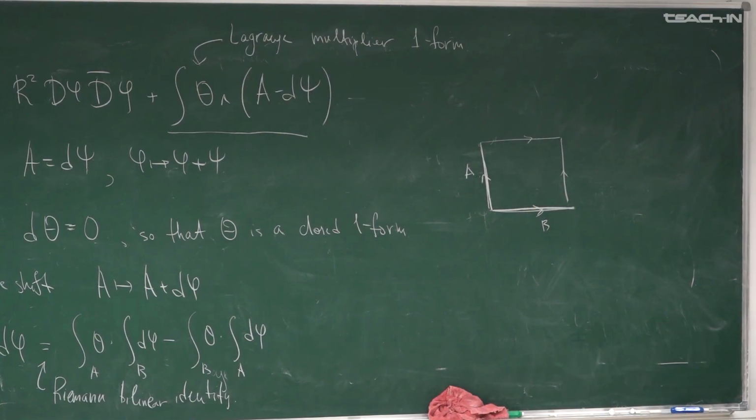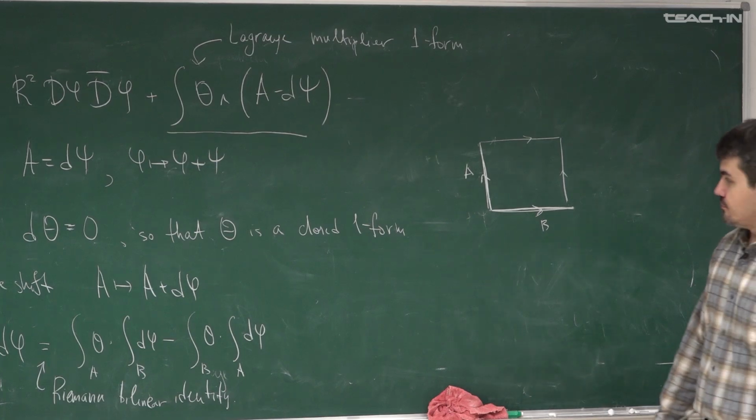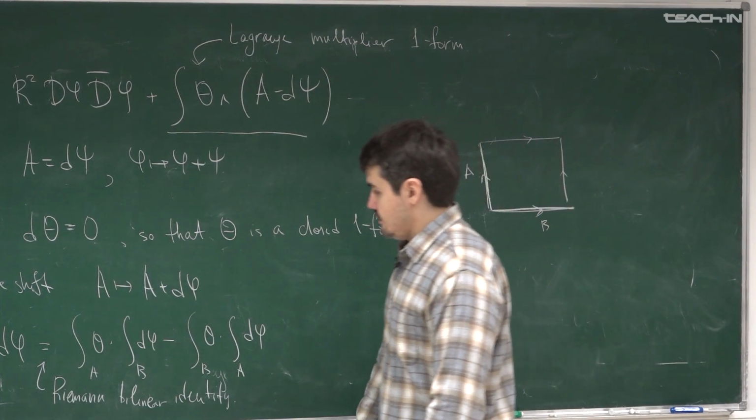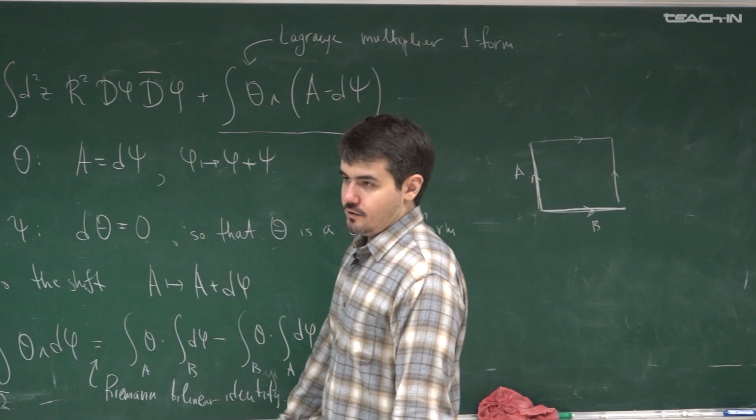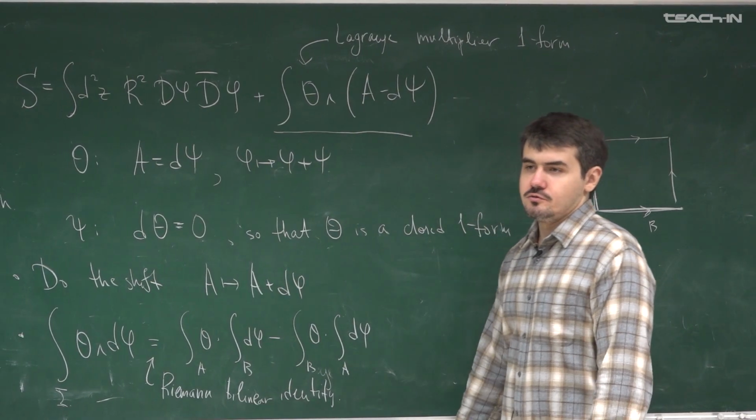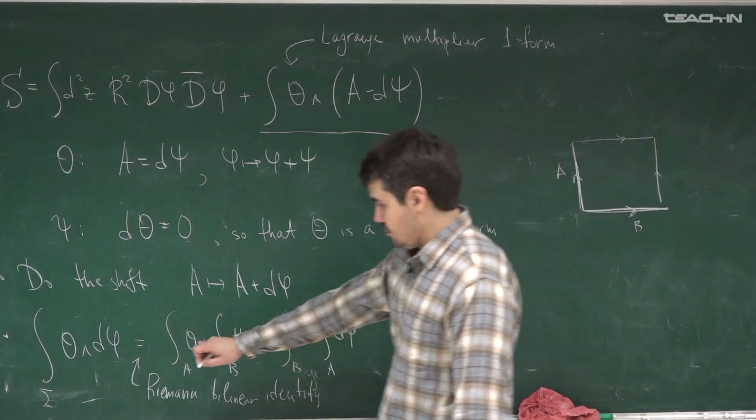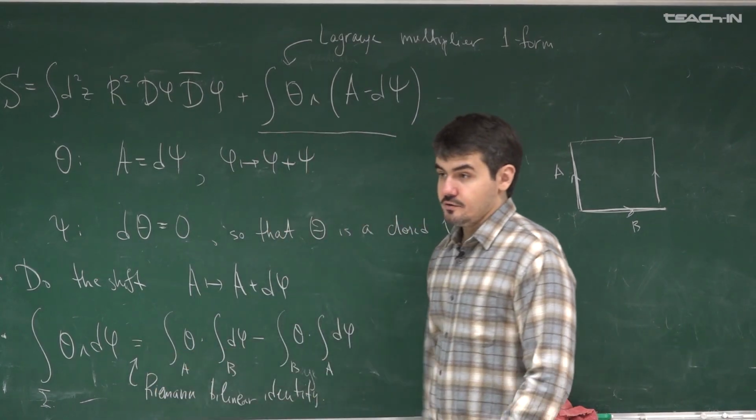The two homologically non-trivial cycles of the torus. If you have a general Riemann surface, you have more homologically non-trivial cycles, but then you sum over all pairs of such cycles.